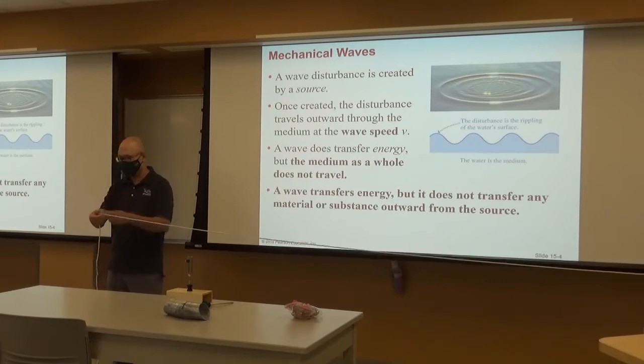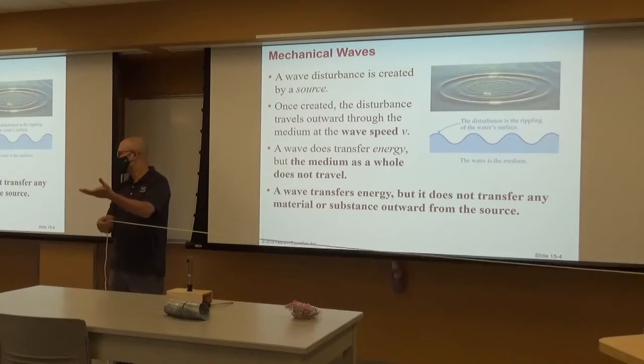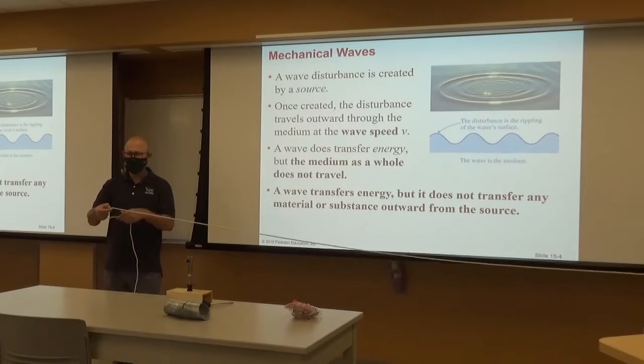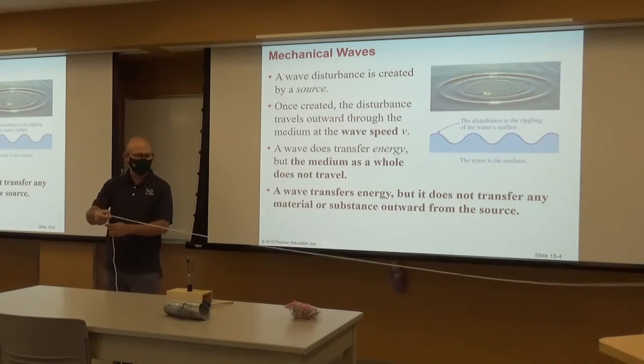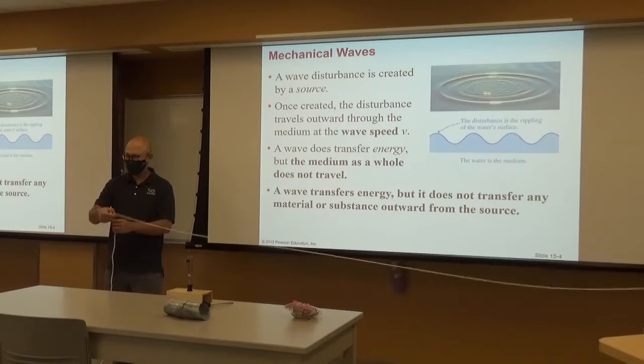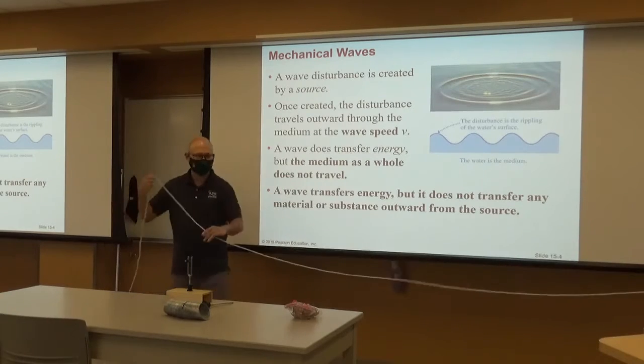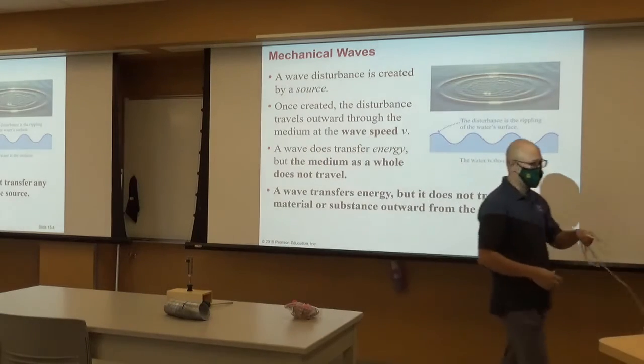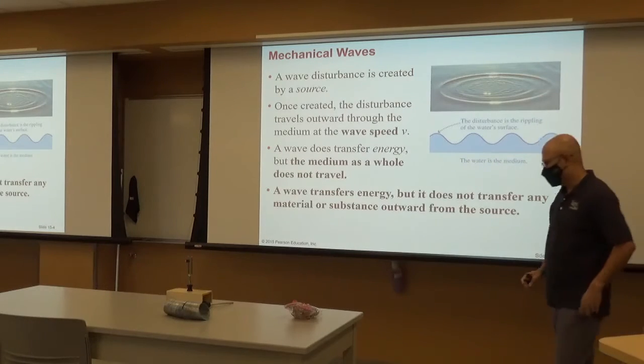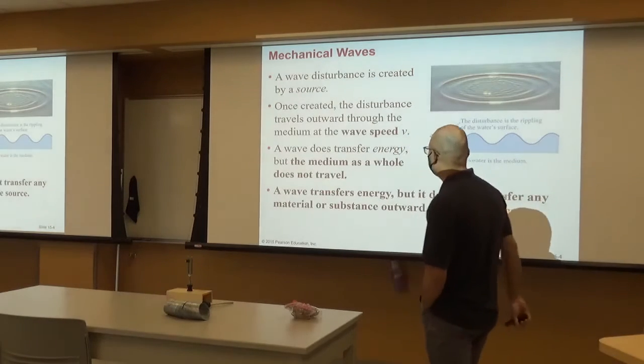It may be 1 meter per second, 2 meters per second, 3 meters per second. So if I shake this, that disturbance travels at some particular speed. There's always some well-defined speed with which the disturbance travels in the medium.